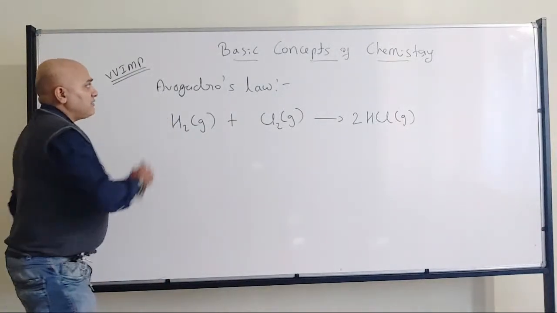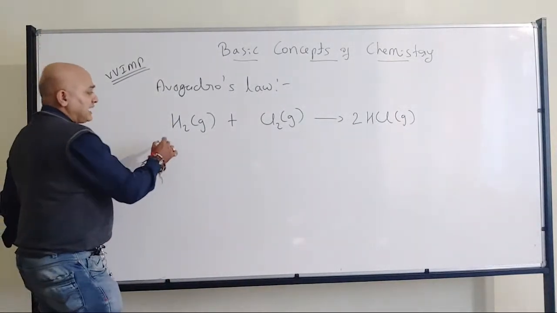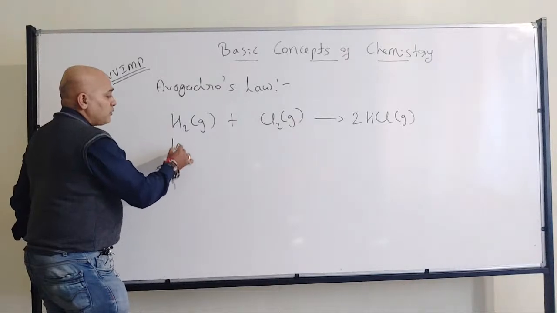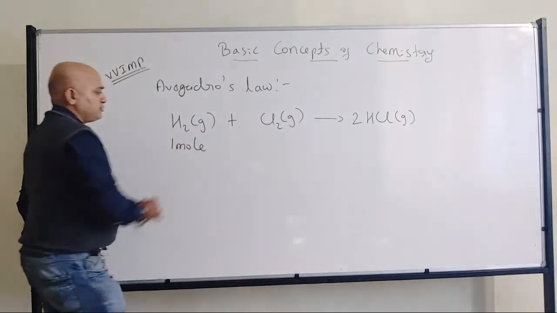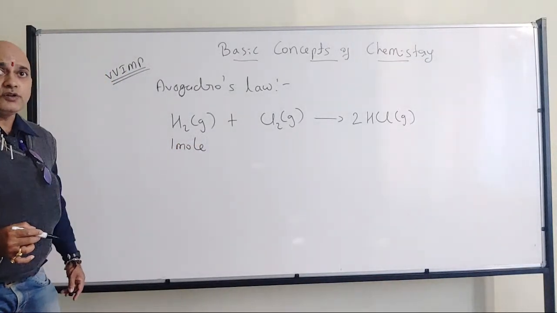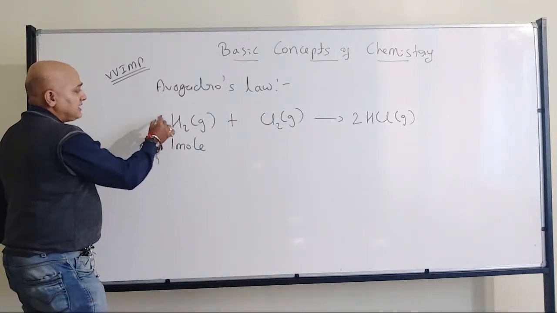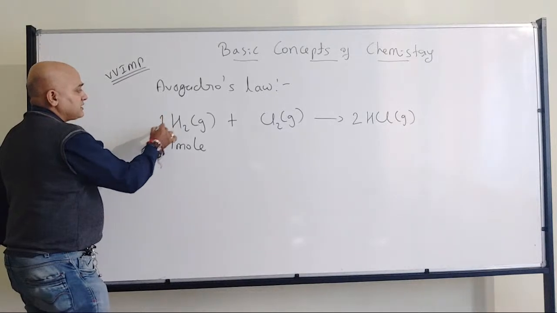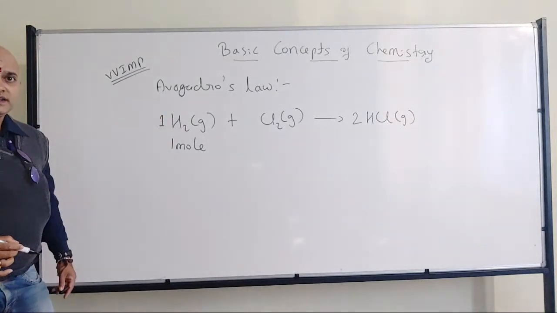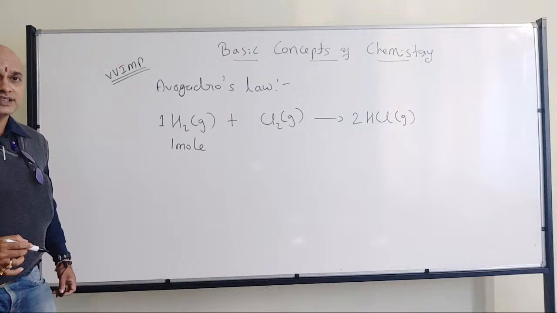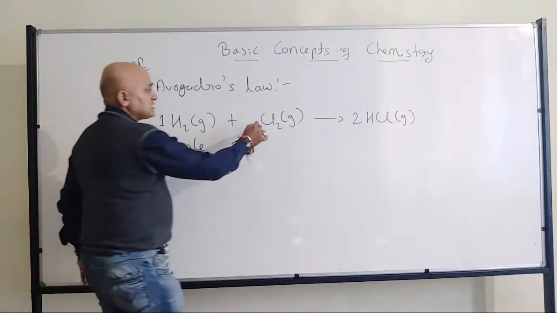But to understand the Avogadro's law, here we can tell that I have got 1 mole of hydrogen, because if I have not written anything, it's understood that there is 1. No need to write it once again, right? Same logic is applicable here.